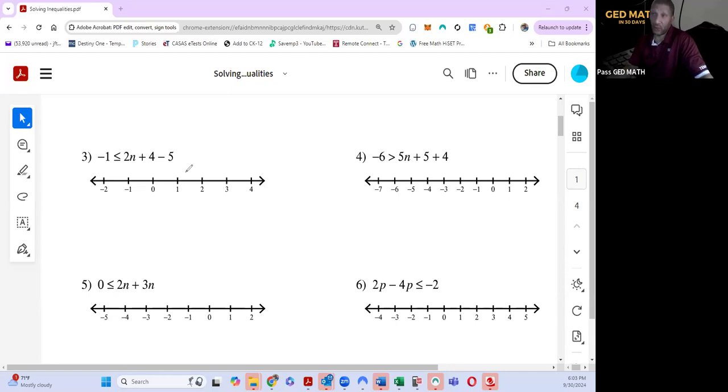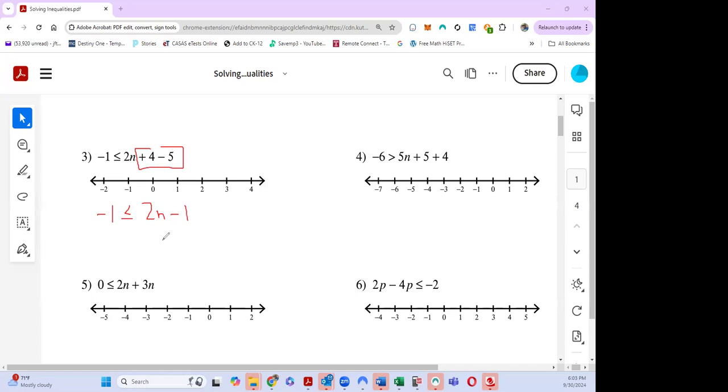In this case, if you look at number 3, I chose that because the variable is on the right side. So I'm gonna write down here we got -1 less than or equal to 2n minus 1, because +4 minus 5 is -1. This is a bad example because they're gonna cancel each other out. All right, let's not do that one.